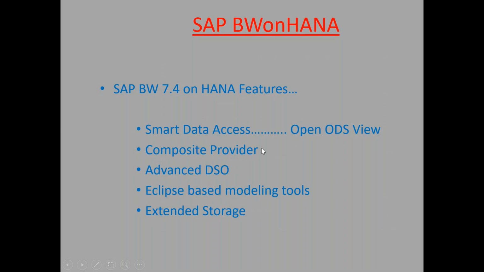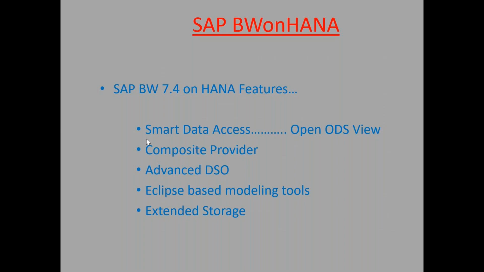The concept would be the same. When you go for this composite provider, you have two radio buttons. When you want to use the union functionality, we select union. When you want to use the join functionality, we select join. That's it. Apart from this, another importance of the composite provider is that it is the first object which allows you to use HANA models in BW.